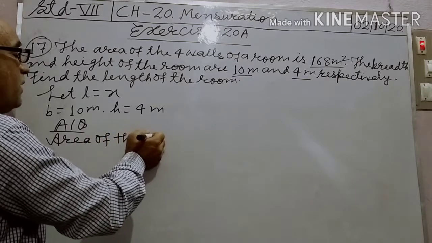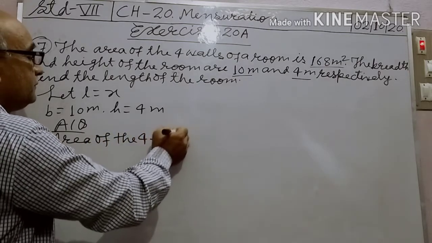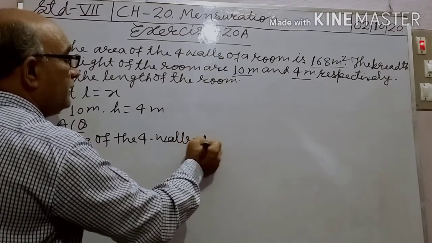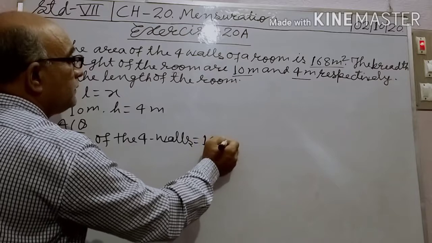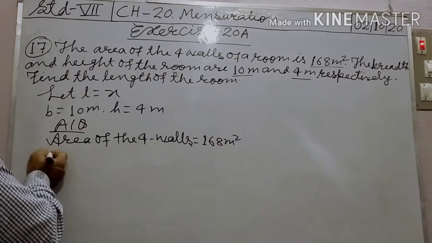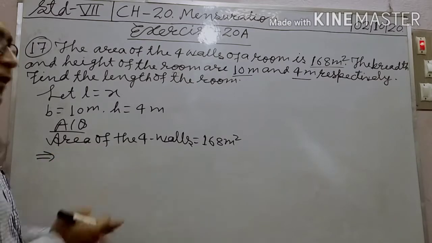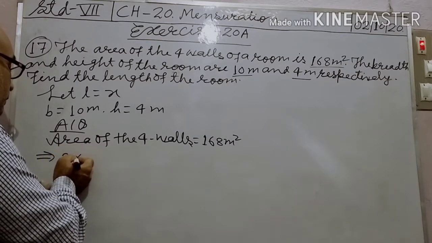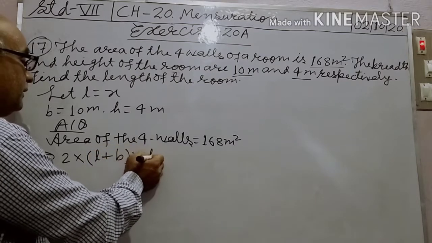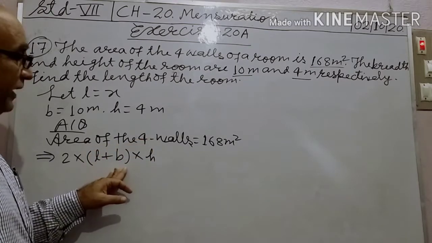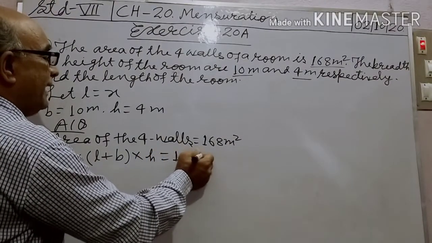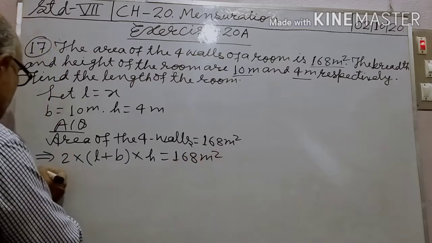So according to the question, area of the four walls equal to 168 meter square. That implies the formula of area of the four walls is 2 into L plus B into height. 2 into length plus breadth into height equal to 168 meter square.